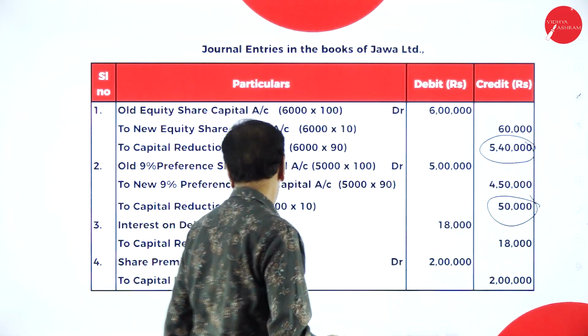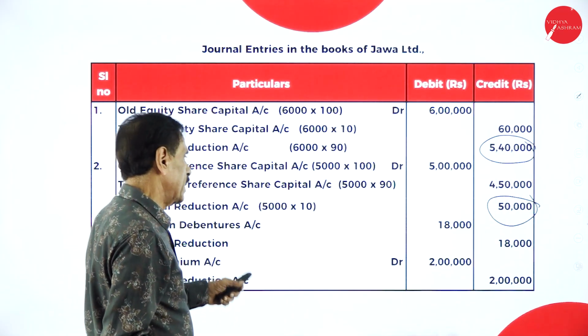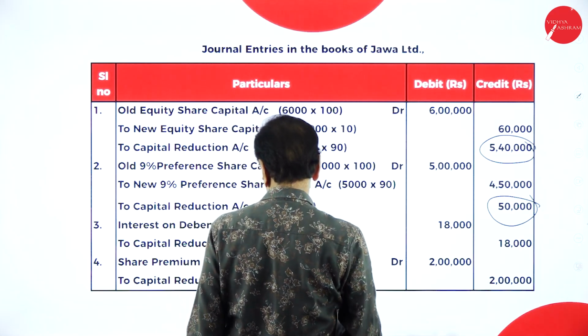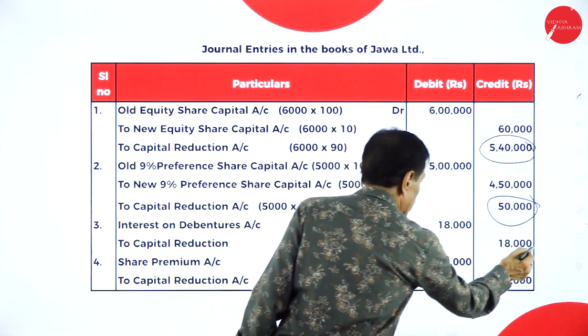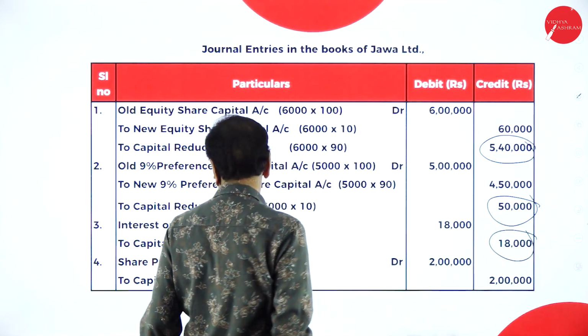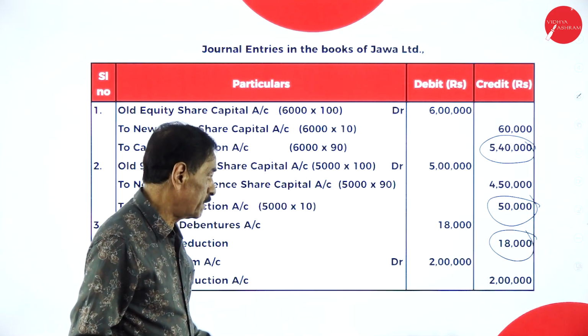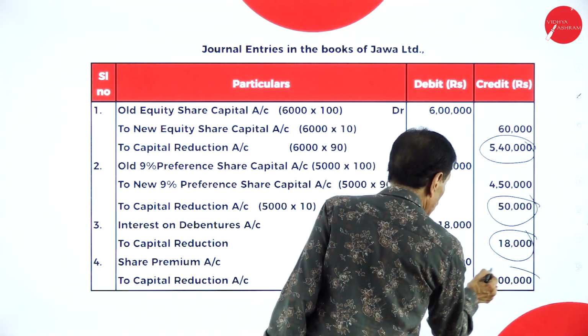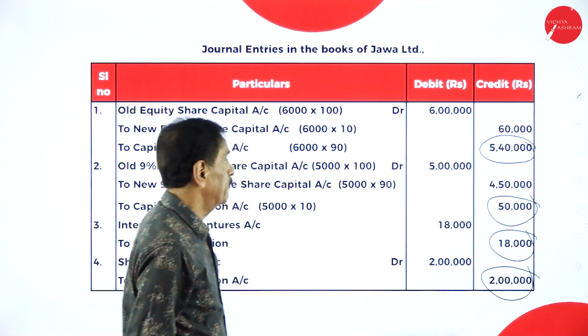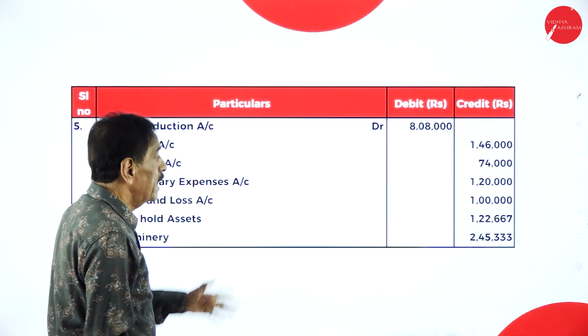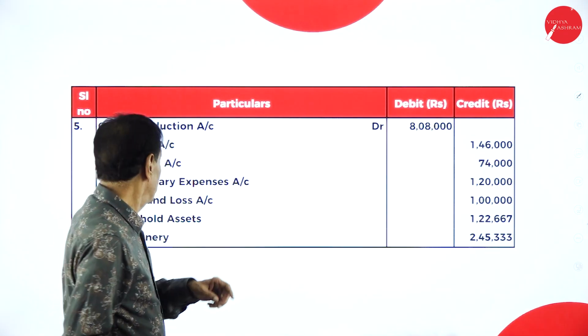So 5 lakh 90,000. Interest on debenture account debit to capital reduction account 18,000. Share premium account debit to capital reduction account 2 lakh. These are all the amounts available in favor of capital reduction. How much is available? 8 lakh 8,000 is available.